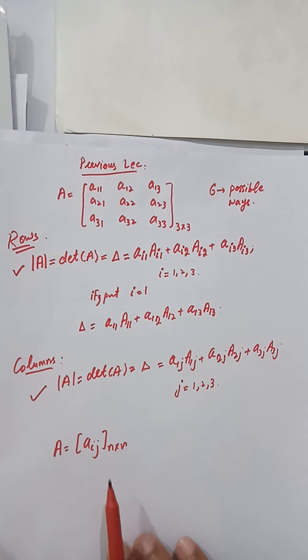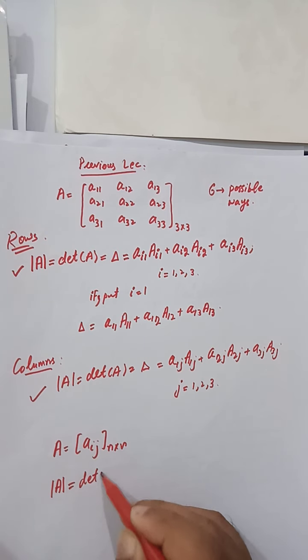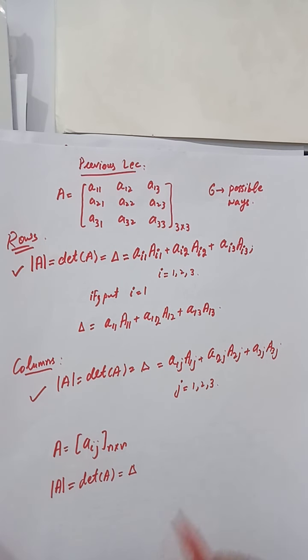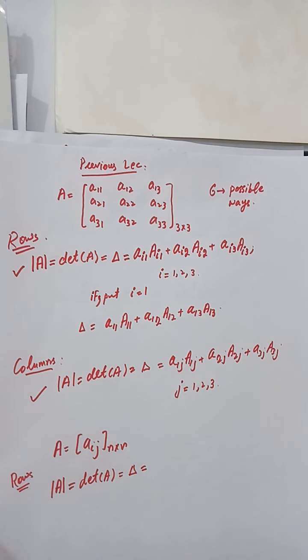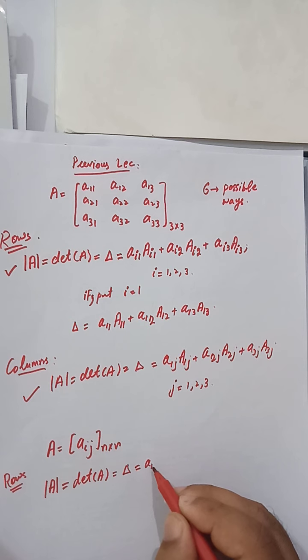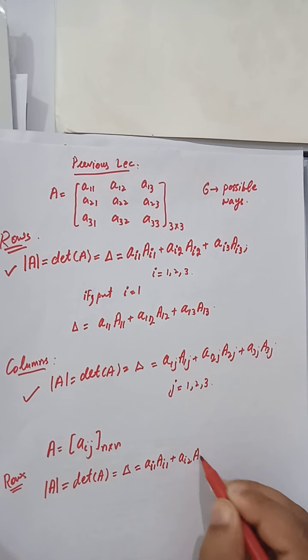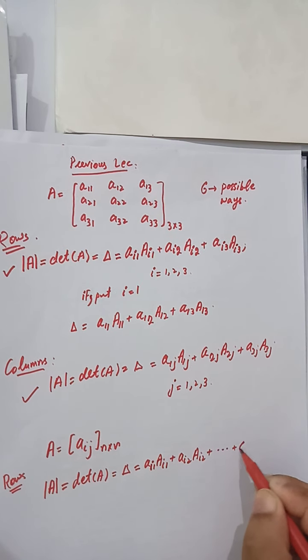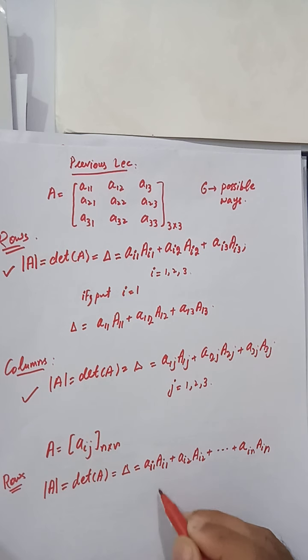The determinant of this matrix is denoted by the bars of A, which is read as determinant of A, not absolute of A. Or you can use another notation, small delta, which is also the determinant, and that will be equal to, if you are interested to find out the determinant with respect to any row, the formula a_i1 capital A_i1 plus a_i2 capital A_i2 and so on up to a_in capital A_in, and i runs from 1 up to n.